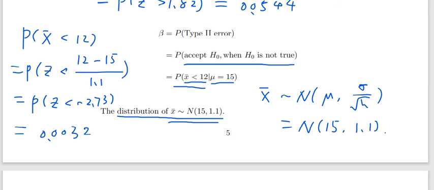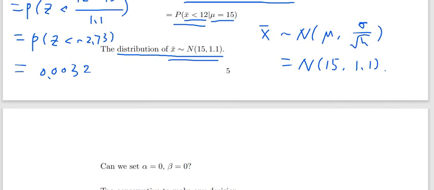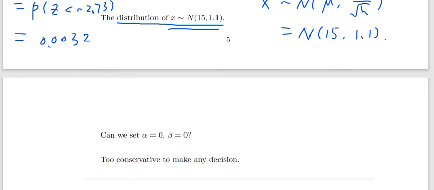So we say alpha and beta are the probabilities for making a mistake. So we prefer those numbers to be quite small. The smaller the better. So the question is, can we set them as 0?